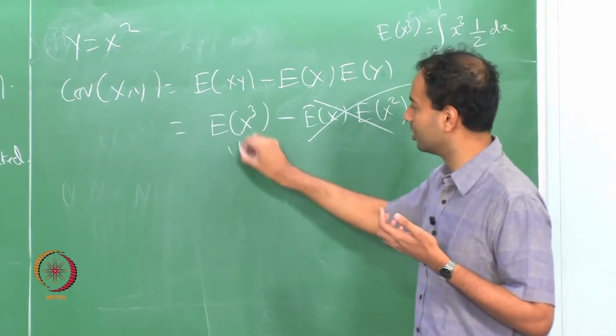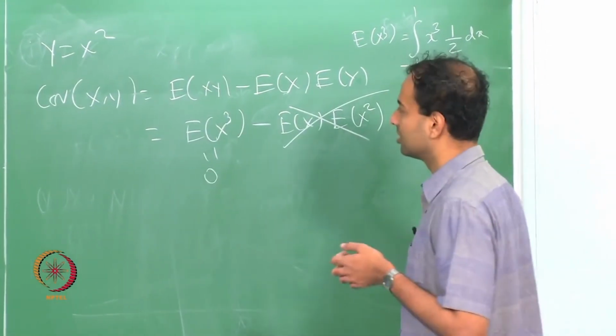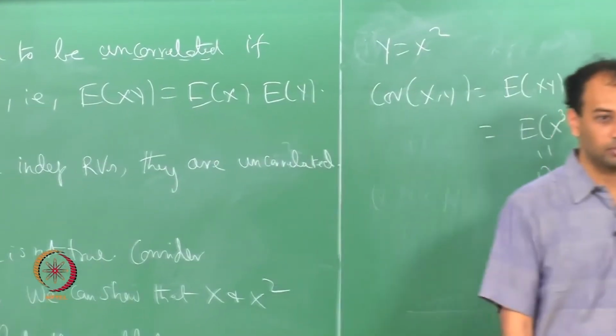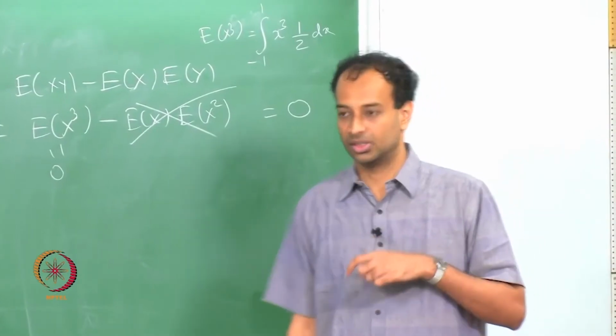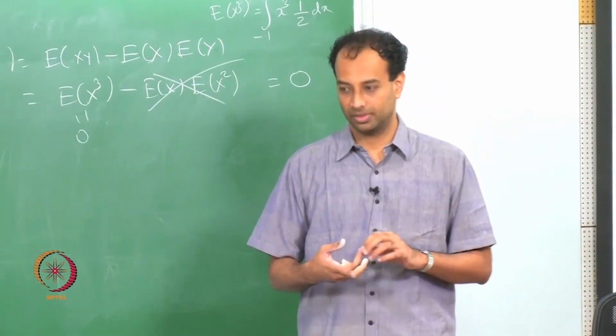So this is also 0, right. So x and x squared in this case are uncorrelated, but dependent random variables, okay.